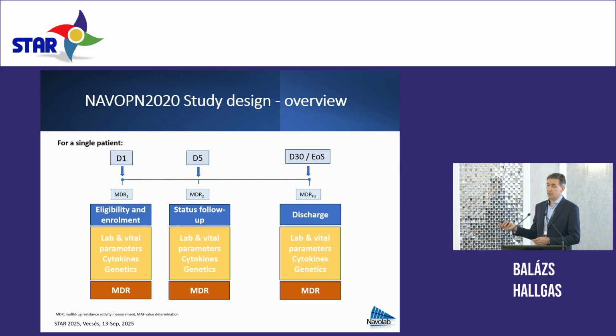On a patient level, not only the MDR activity is measured, but also several demographic and vital parameters are recorded. Also, we measure cytokines, which are characteristic for the acute phase of the inflammation, and follow up the patients up to 30 days at the maximum.